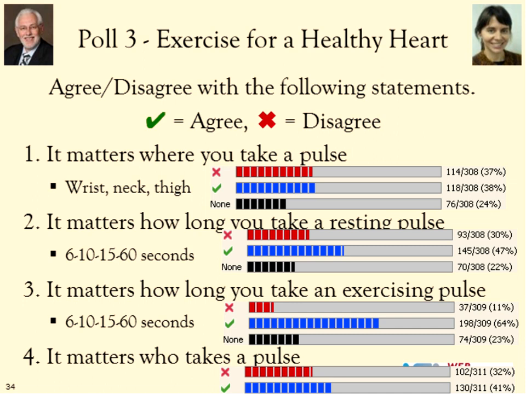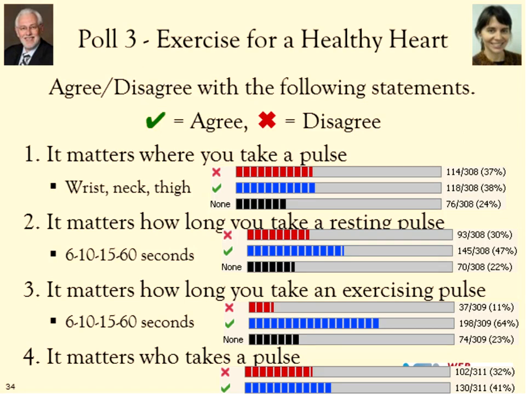The children didn't really think it mattered where you took the pulse, because some of them would find their pulse on the wrist, and others, if they couldn't find it on the wrist, we showed them where on their neck they could find the pulse, and the other place that you can locate one is on the thigh, but most of the kids did the wrist and the neck.